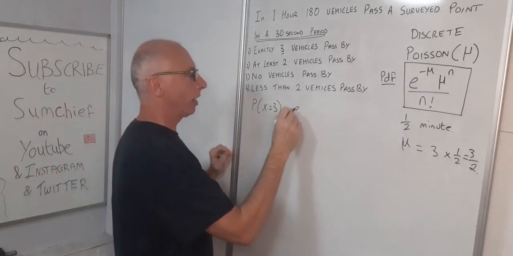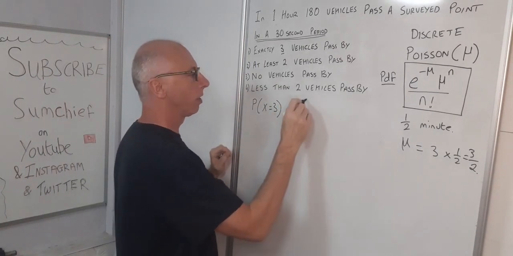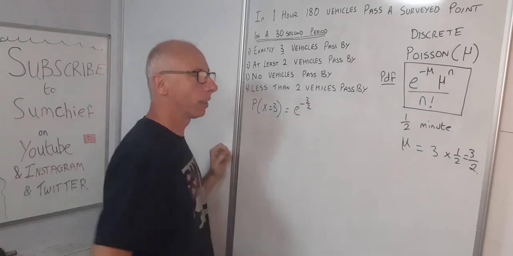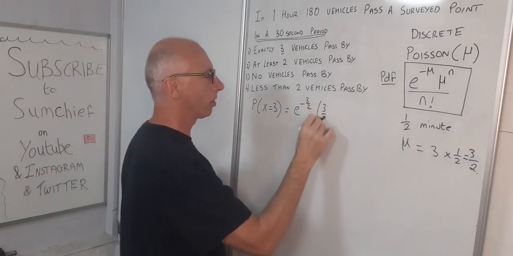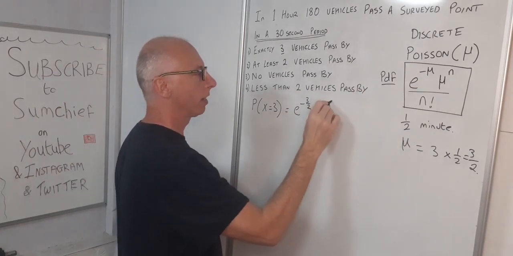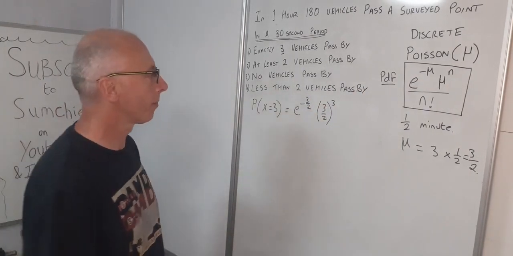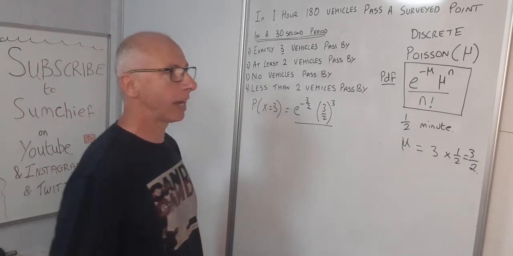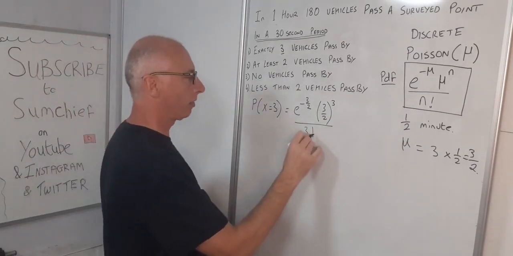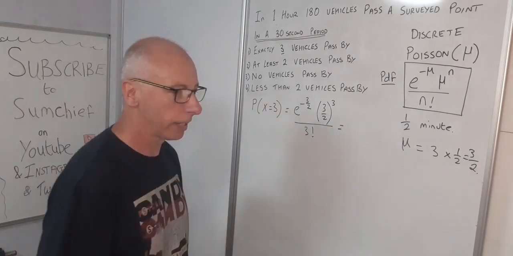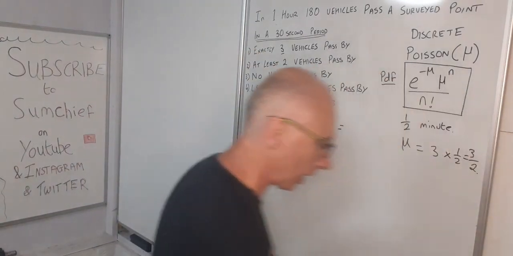So now we've got e to the negative 3/2. That's our flow rate. And again, 3/2 multiplied by n. So that's to the power of 3. And then divide that by n factorial. So that's 3 factorial. Okay, let's plug this into the calculator and see what we get.